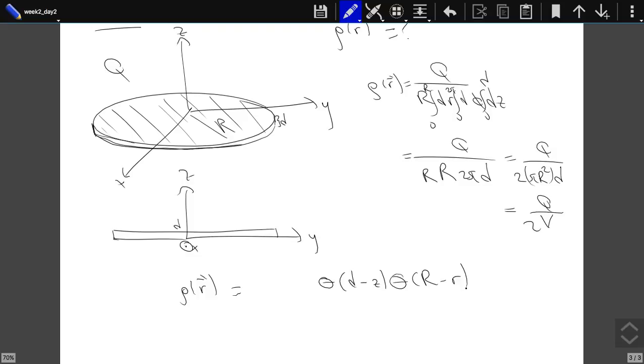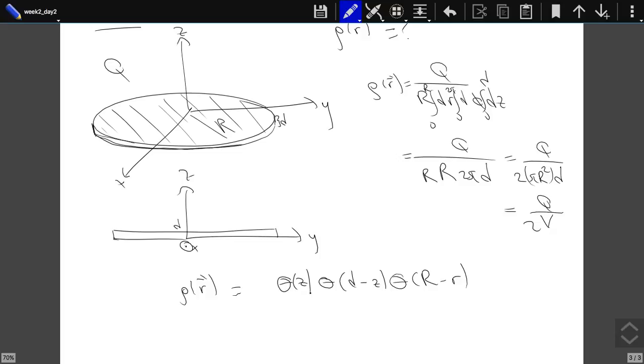There is just one more step function. The charge density should be 0 if Z is larger than D, so it is this step function over here. It should be 0 if Z is less than 0. That is the other step function we need to add.